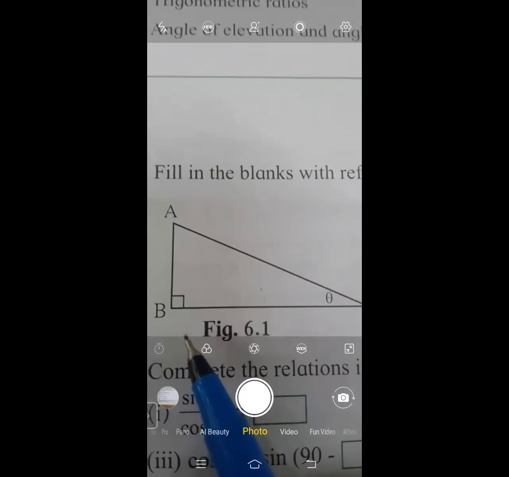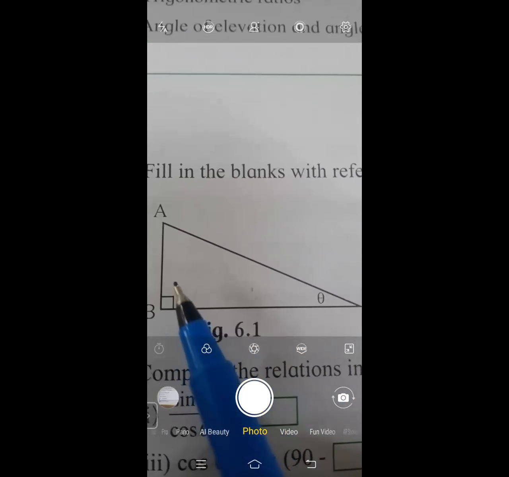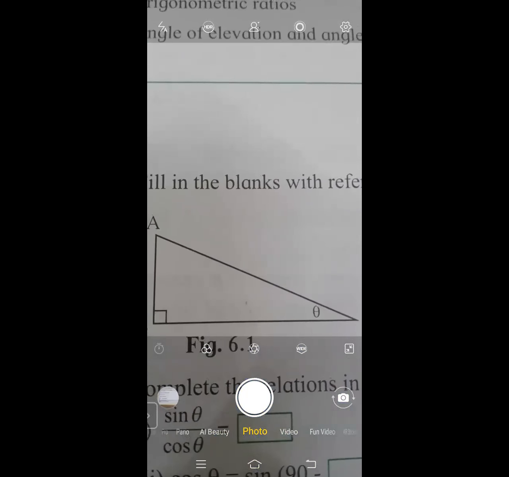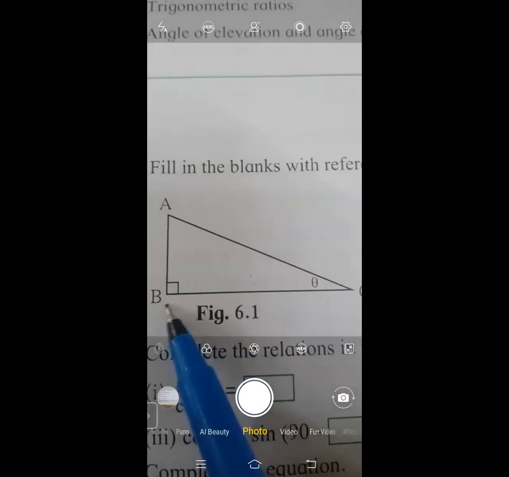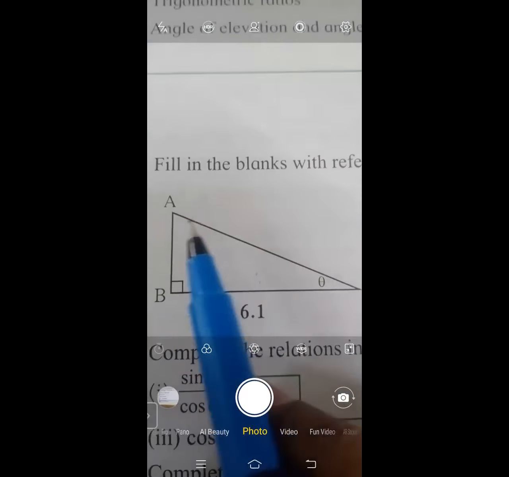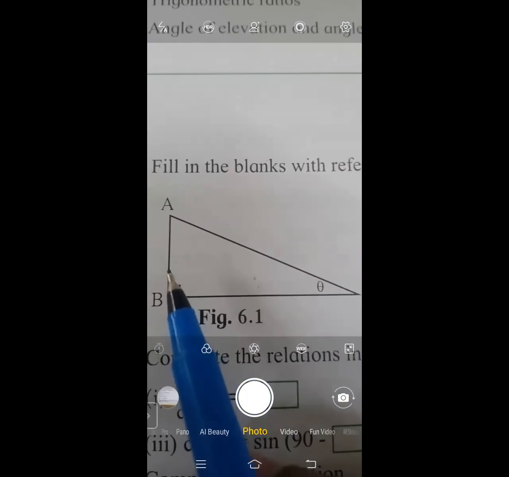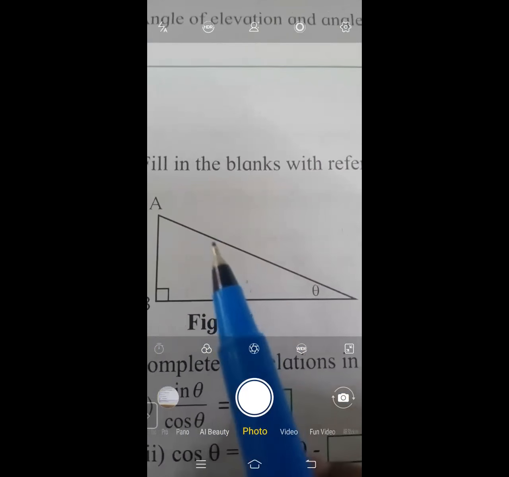Trigonometry means these are the relationships between the sides and the angles of a right angle triangle. So trigonometry will always include a right angle triangle with one side as the hypotenuse.